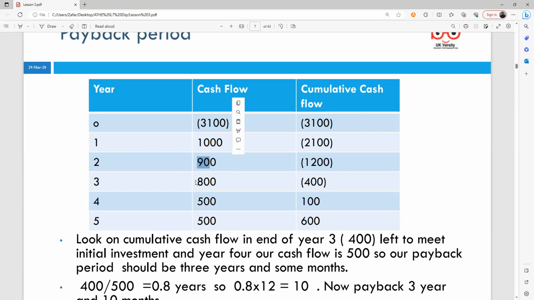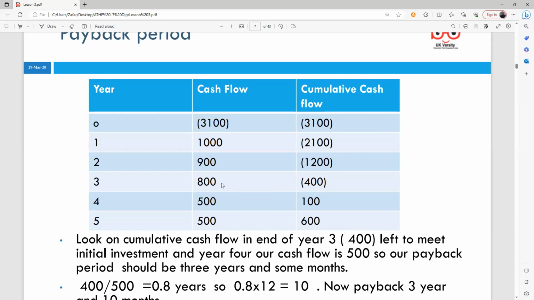In the second year you get 900, third year 800, fourth year 500, and fifth year 500. How long will it take you to recover this 3,100? You can simply see from this data that it will take you over 3 years but less than 4 years. Between 3 and 4 years, you will recover your money.